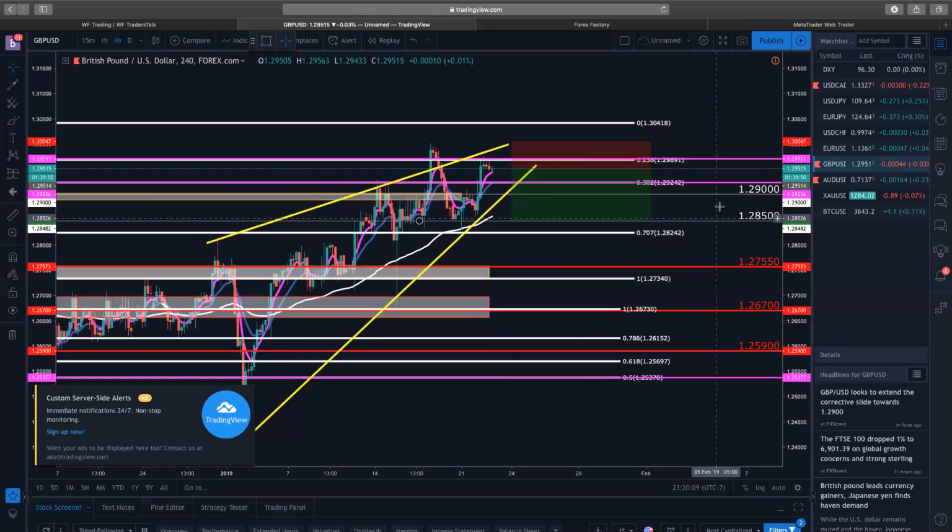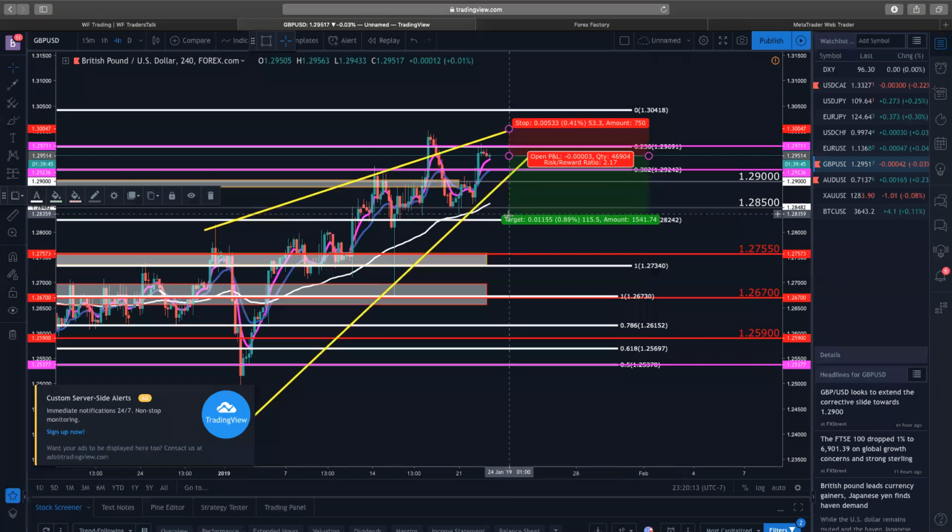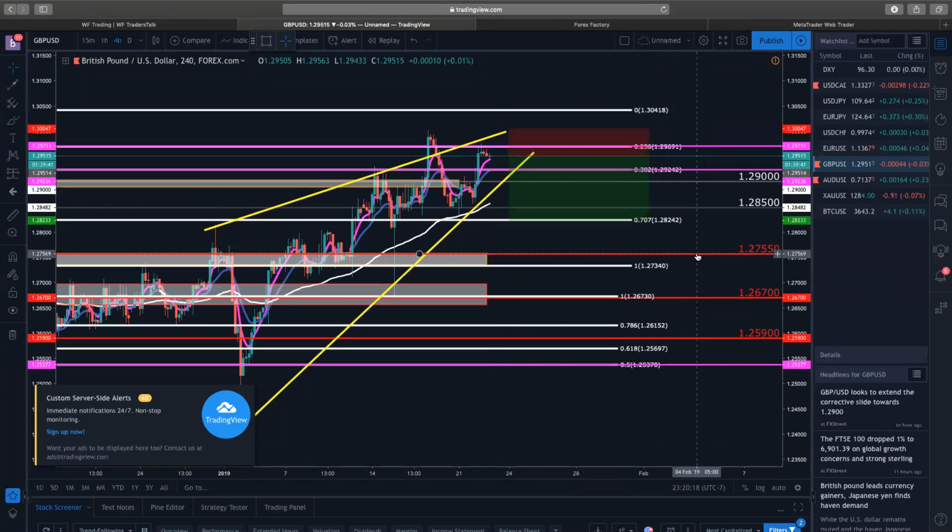So TP1 is going to be 12.85. My TP2 is going to be right here at my 707 for my fib. So with this, I would definitely like to see the sell, just because you have price that's looking like it's capped out right here.